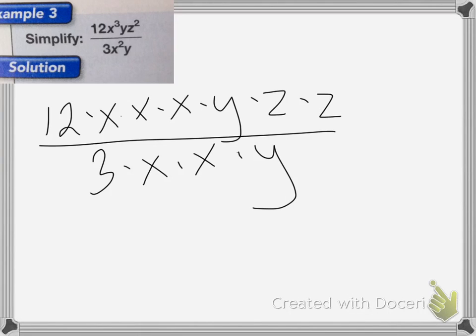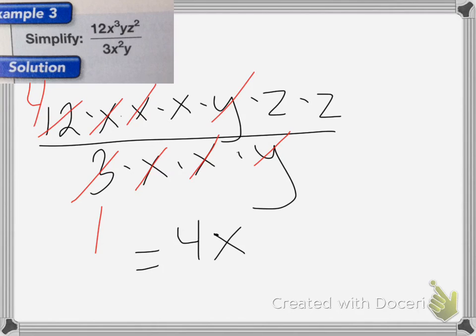So I can go ahead and cancel the factors that would equal 1. I can cancel the same thing on top and bottom. So the x and the x cancel, these two x's, and then the y and the y will cancel. I can also reduce 12 and 3. 3 becomes a 1 and 12 becomes a 4. So after I take into account everything I've canceled, I end up with 4 times x.